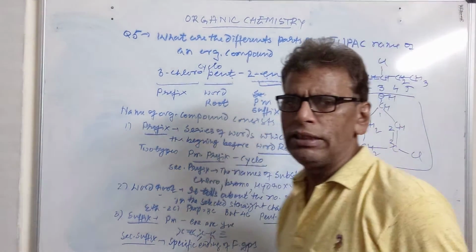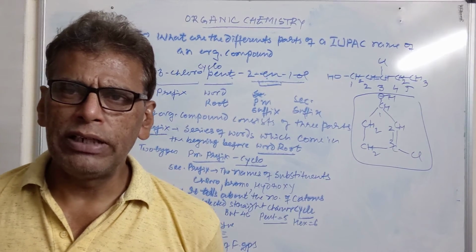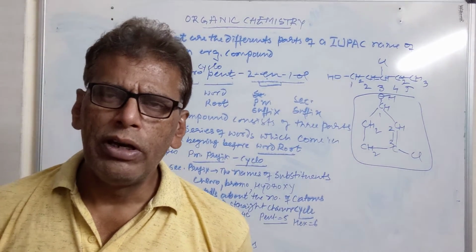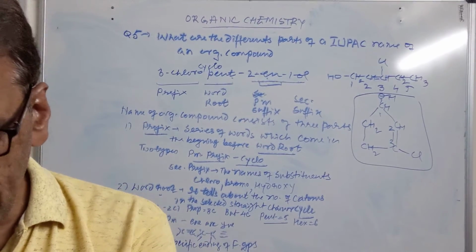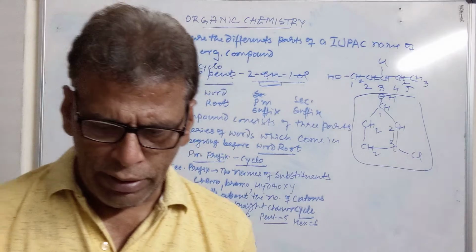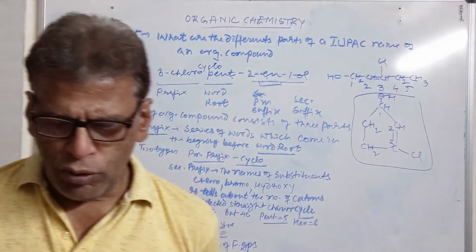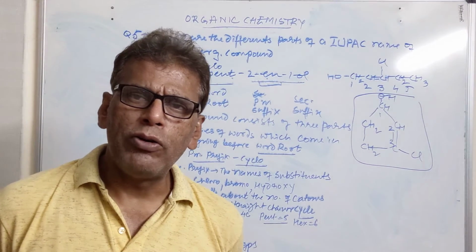So if cyclo is not there, you have to make the chain of the carbons which are indicated by word root. If cyclo is there, then you will have to make the cycle of those carbons as are indicated by the selected chain. And then we'll be doing the rules for naming of organic compounds.